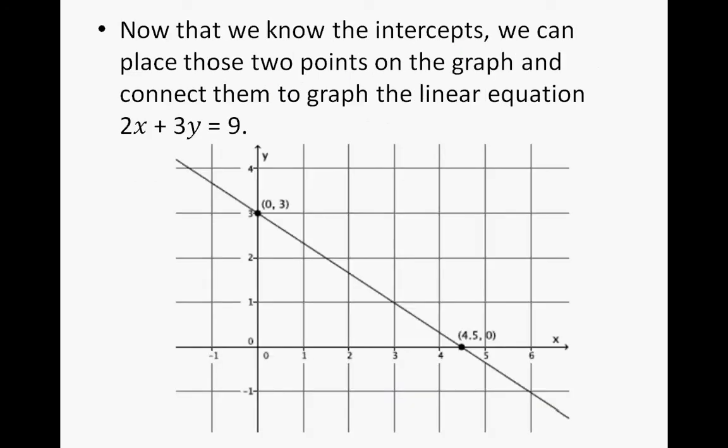So now that we know the intercepts, we can place those 2 points on the graph and connect them to graph the linear equation 2x plus 3y equals 9. Notice how they've converted. Here is 0, 3, and 9 halves is 4 1/2. So it doesn't matter if you represent this with a decimal or a fraction, it's the same point on the number line.